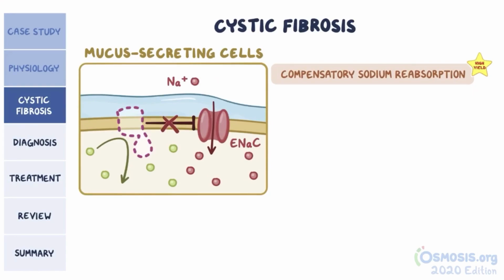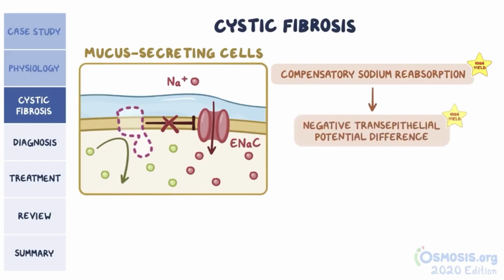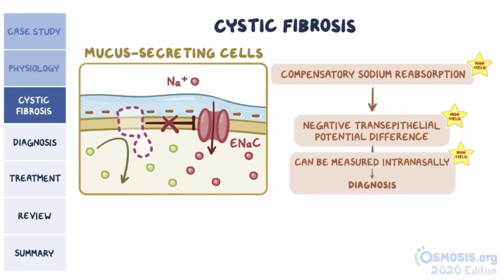Interestingly, this increase in sodium reabsorption causes a negative transepithelial potential difference, which basically means the epithelial surfaces with mucus-producing glands have a significantly more negative electrical charge. This is important because the negative transepithelial potential difference can be measured intranasally, and thus it can be used as a diagnosis test for CF.